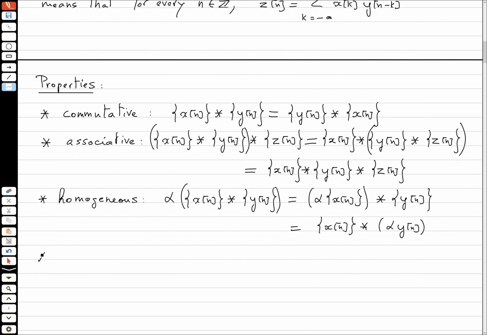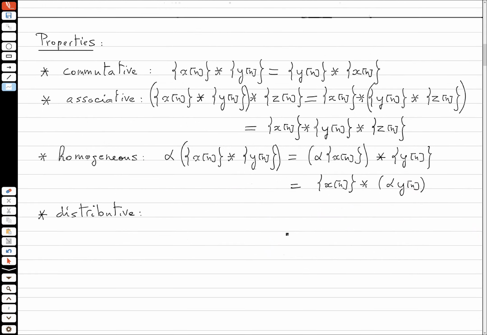The next property is distributivity. Are you familiar with that? Yes, right?